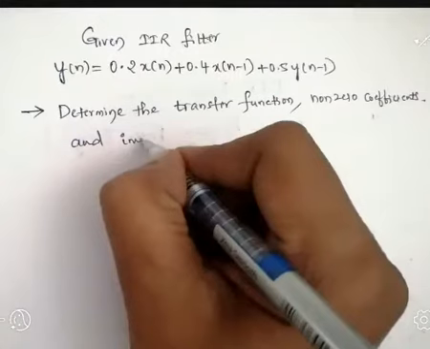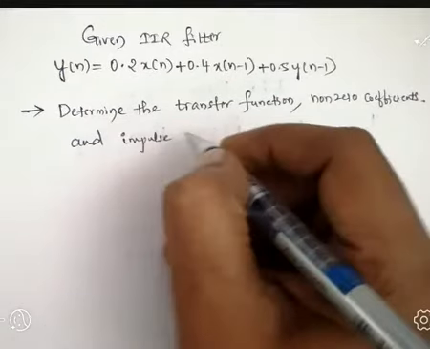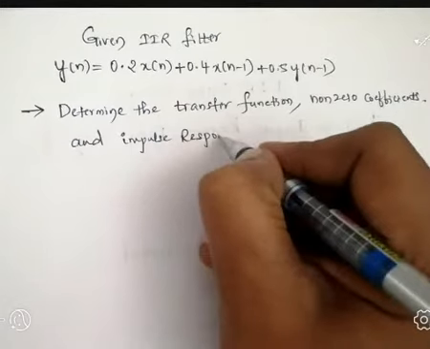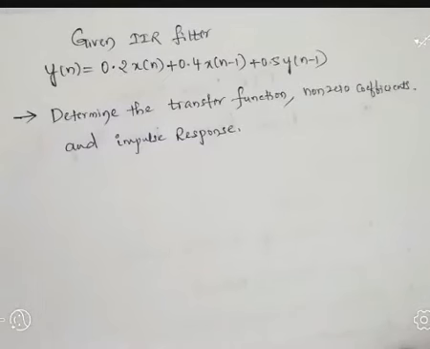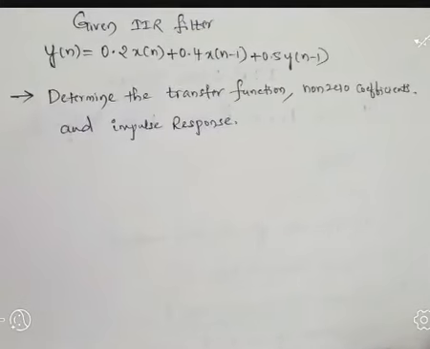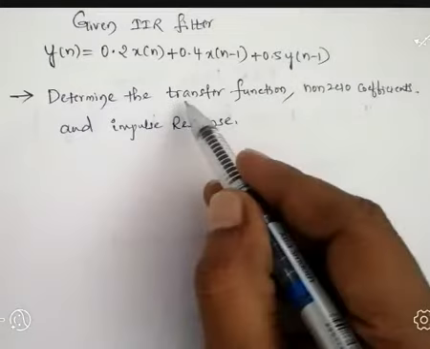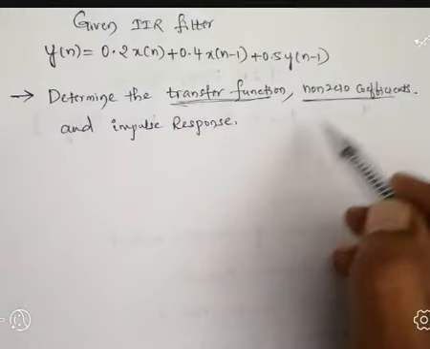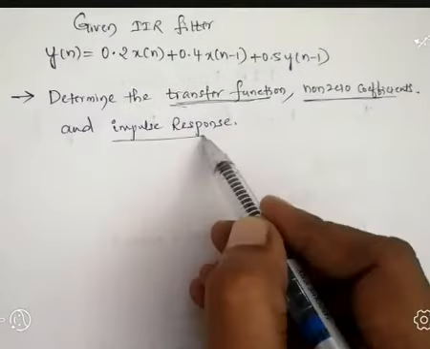And also determine the impulse response of the filter. So with the help of this example, see all these three cases: finding the transfer function, first case; find the non-zero coefficient terms, second case; and find the impulse response of the filter.